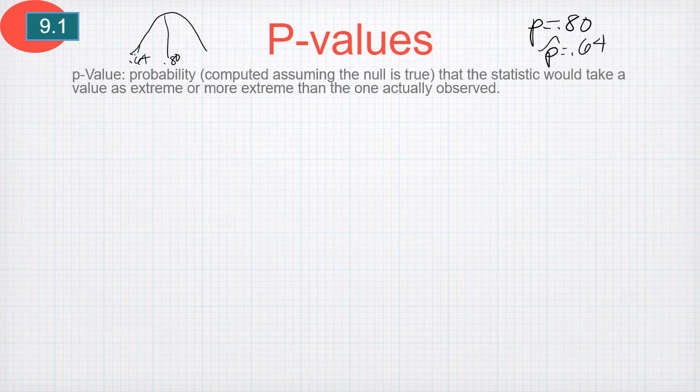And there were only 3 times out of 400, if you'll remember from this lovely little picture, that 0.64 or less actually occurred. So that ended up happening 0.75% of the time. And we said that's really small. So what we were actually doing is calculating a p-value, the probability.